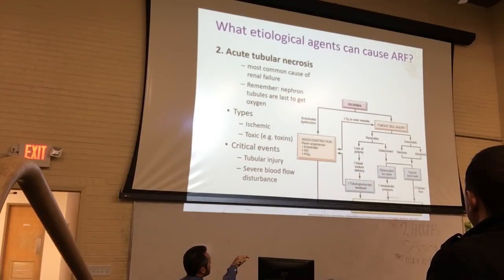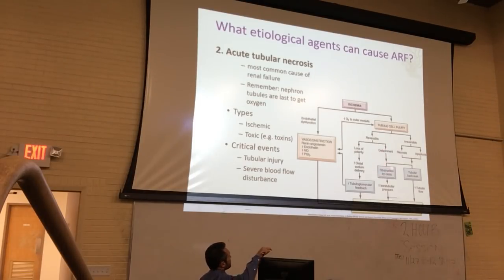If there's detachment of the tubule itself, then you've got obstructions by these hard casts that show up. And so you increase your intratubular pressure, and that decreases glomerular filtration or decreases urine production.